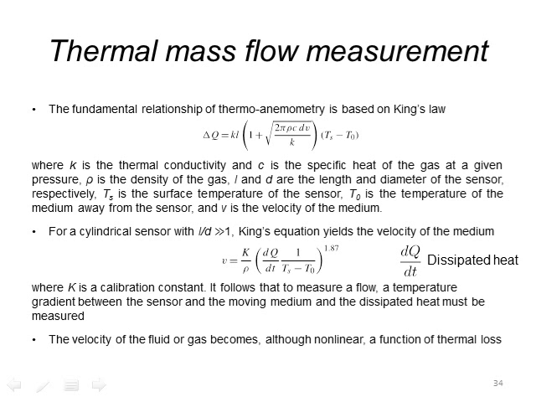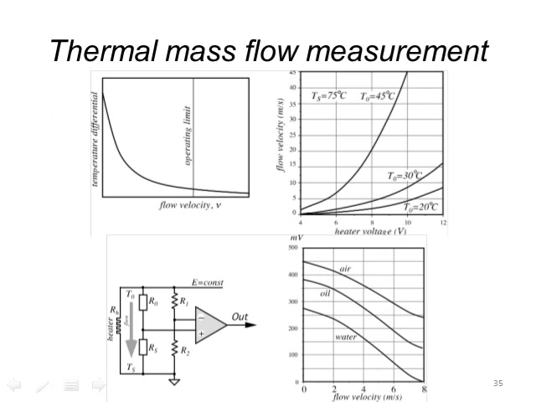Now, as with most sensors, K in this case is a calibration constant. So with these types of systems, depending also on the gas and the temperatures you're using, you have to calibrate it. And it's very sensitive to heat dissipation, dq/dt.